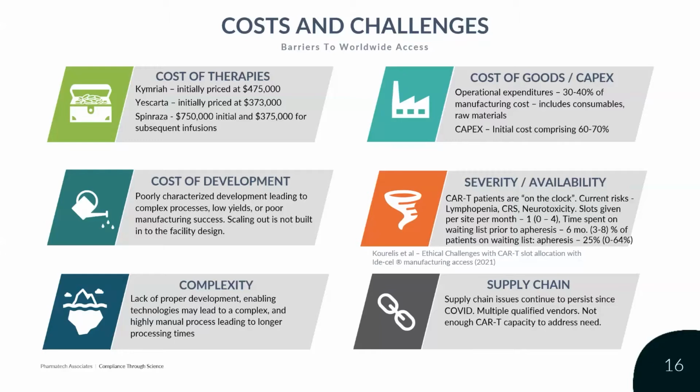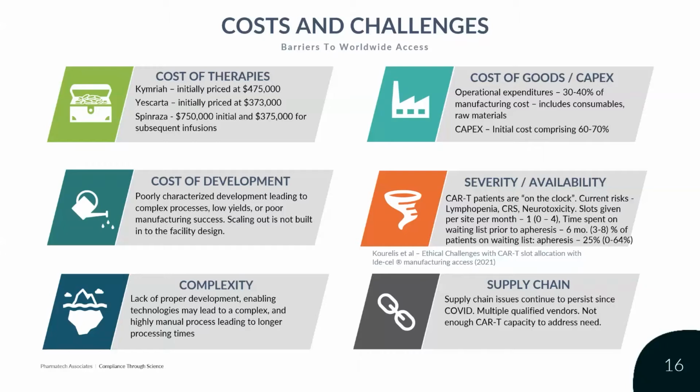So we have this ethical challenge: the cost is prohibitively high, and the patient is in a very progressed disease state and requires some sort of therapy very quickly. So what can we do on the science aspect is the question we're asking today.